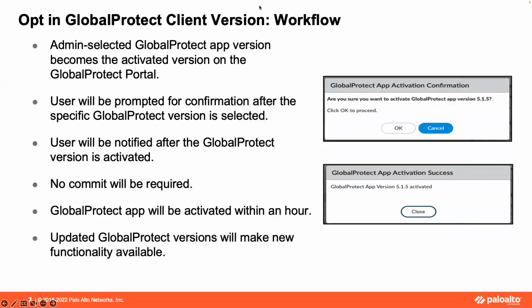Also, we by default run the latest, greatest Global Protect client that your users are able to download either directly from our portal, and we'll show you that in a minute, or can be deployed as part of a GPO for your Mac, for your internal users, or managed devices.